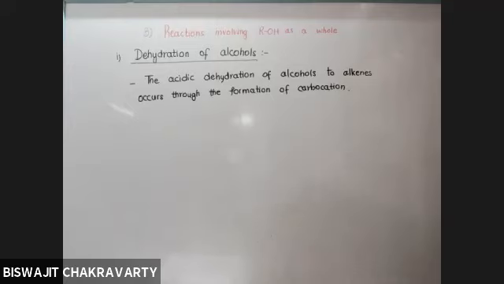And we are familiar with the fact that out of different carbocations present, which carbocation is most stable? Is it 3 degree, 2 degree, or 1 degree? 3 degree. So because 3 degree is the most stable carbocation, the dehydration process also follows the same order.